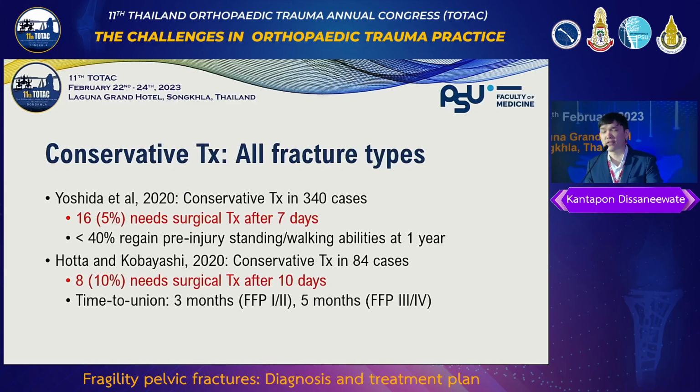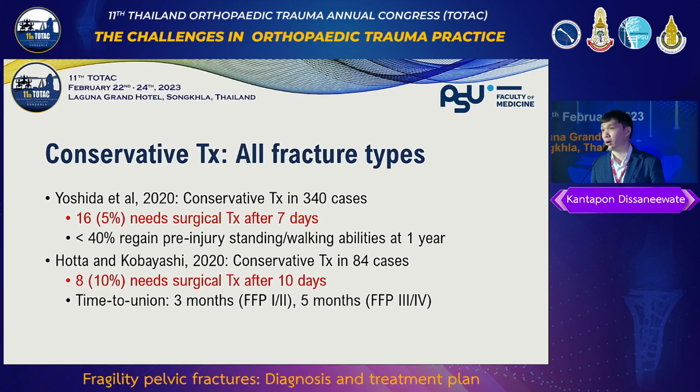So let's look at the evidence. For conservative treatment of all the fracture types, mostly in Japan, they report that in most cases they can be managed conservatively. And usually the criterion for failure of conservative treatment is a specific length of time: if the patient cannot sit or stand by themselves during the 7 to 10 day period, then they would consider it a failure of conservative treatment.